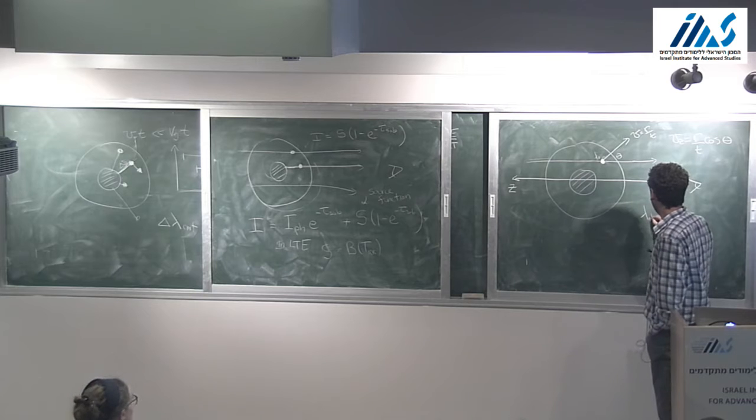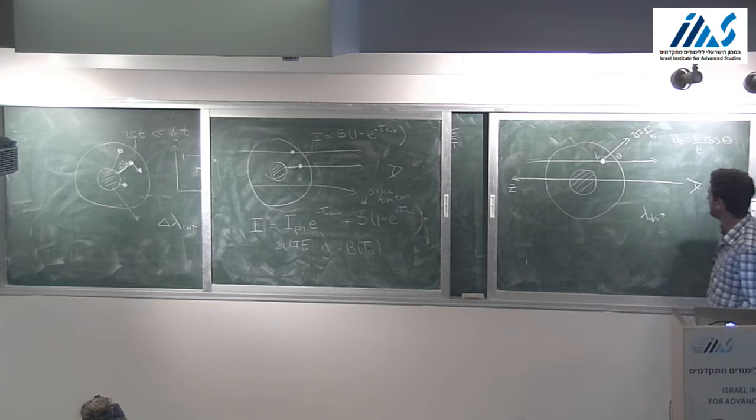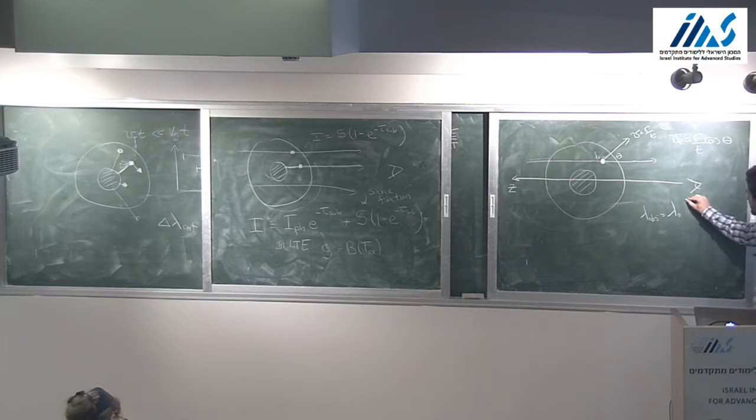So the observed wavelength of some emission from a line right here is actually going to be Doppler shifted by r cos theta over t divided by c for the Doppler shift formula.